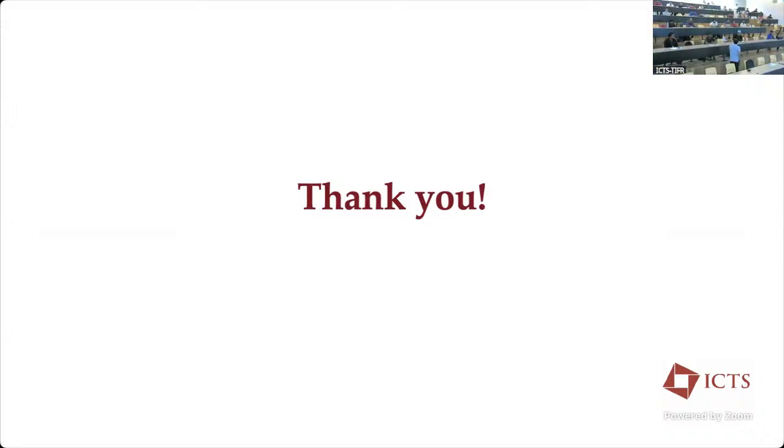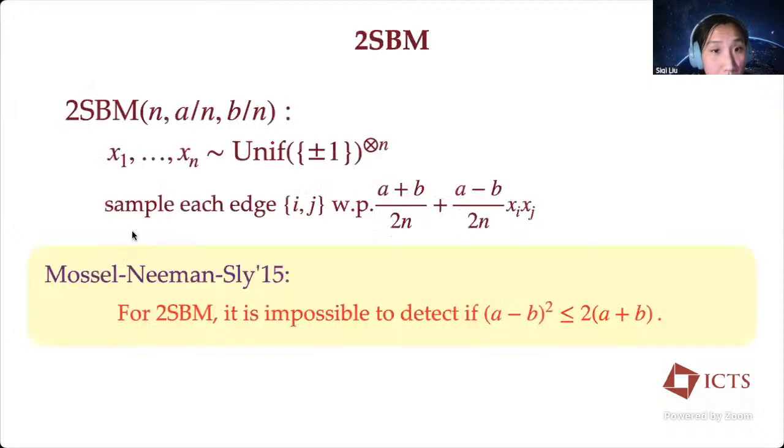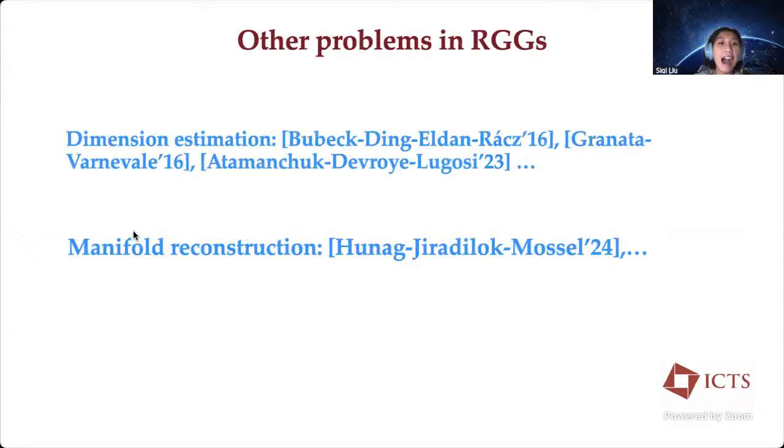More questions? So in the manifold reconstruction problem that you're mentioning, what's the setup? It's some arbitrary manifold, but the points are on the manifold? Yeah, sorry, can I go back? Yeah, so for manifold reconstruction, the points actually come from a manifold.